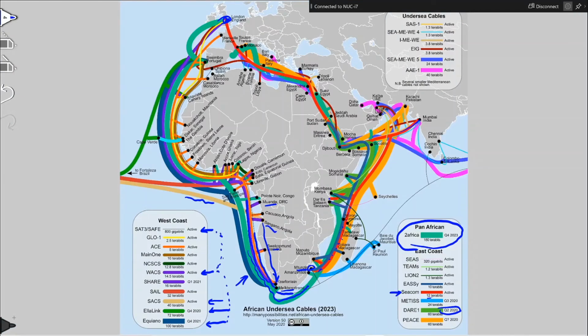Perhaps the bottom line is that we have quite good connectivity in South Africa compared to many other African countries. Also, given the fact that cables are being installed or planned for the future, means that we will have increasing access. However, one of the things for you to think about is that there are large parts of Africa that are nowhere near the coast and that do not necessarily have good internal networks.